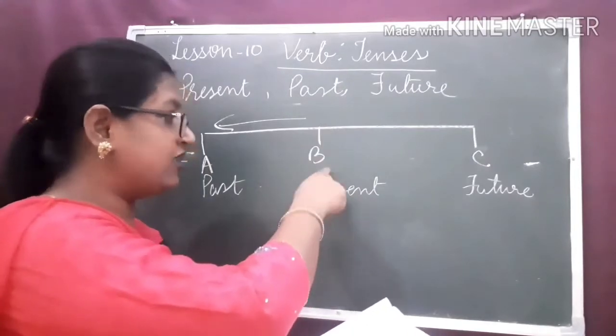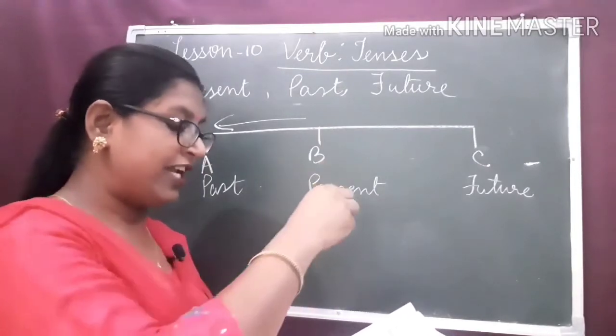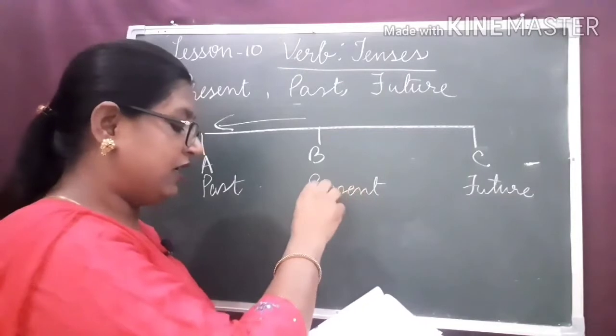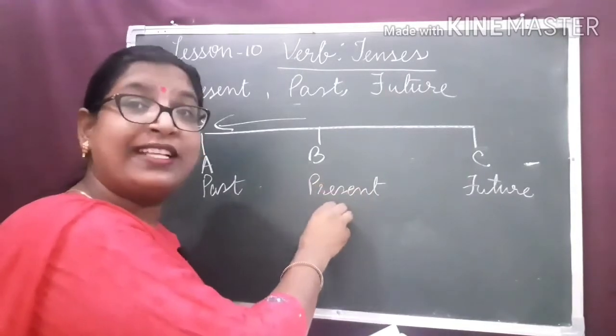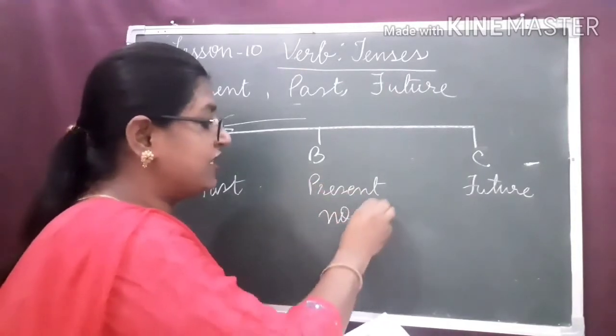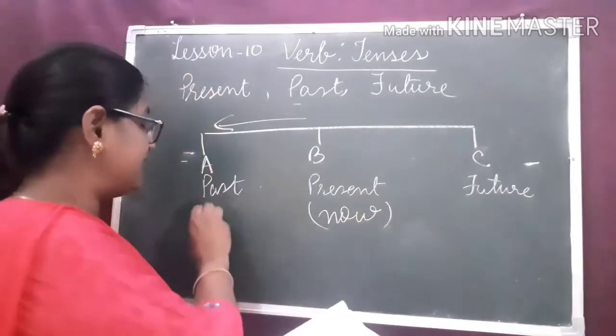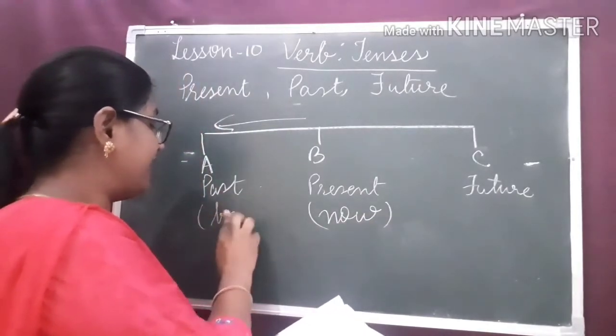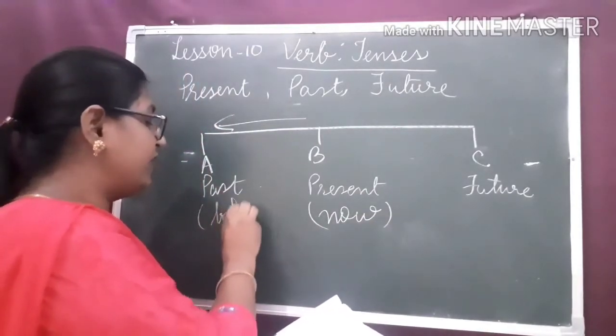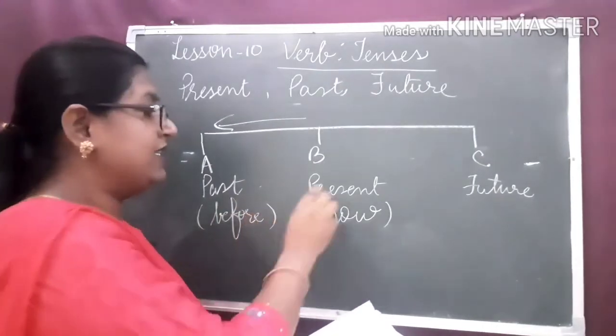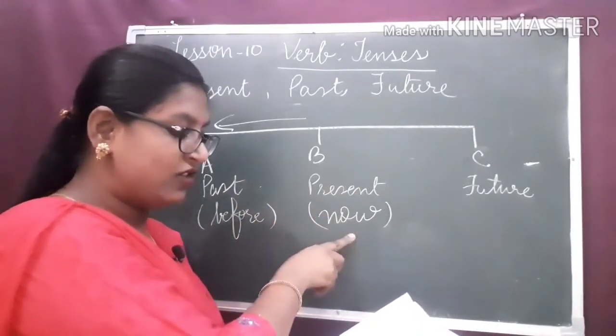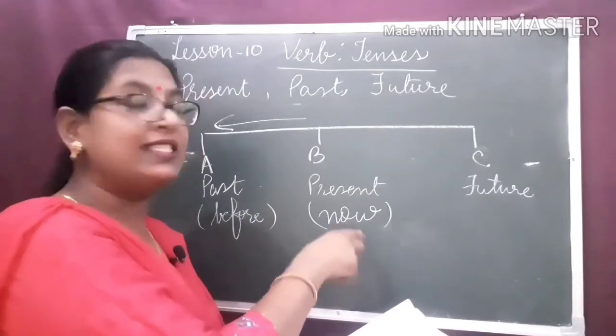Point B indicates the present time, which means now, something is happening now. Past indicates the action which took place before, and present indicates the action which takes place now.